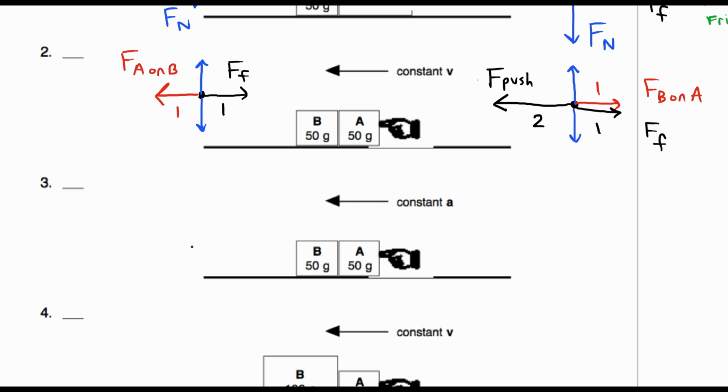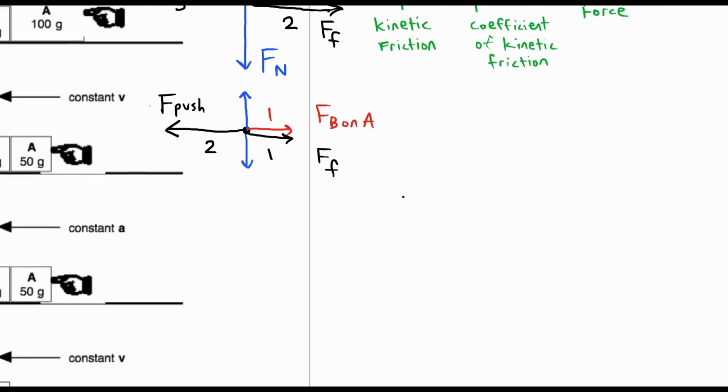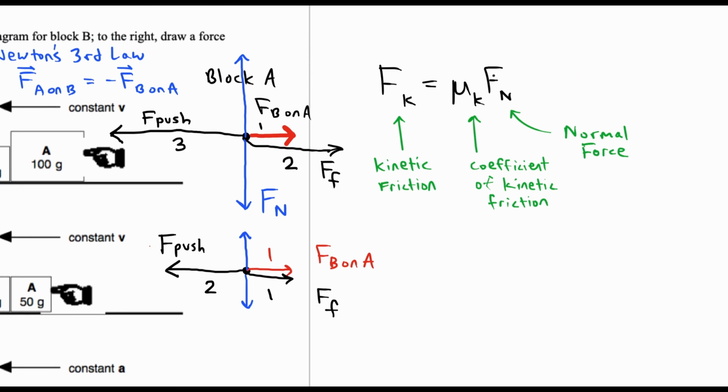Our next set of blocks is accelerating to the left. Now, as we can see in the friction formula, it doesn't actually include an acceleration or a velocity. This coefficient of kinetic friction is just a constant that's based on the surfaces that are involved, like the type of materials.